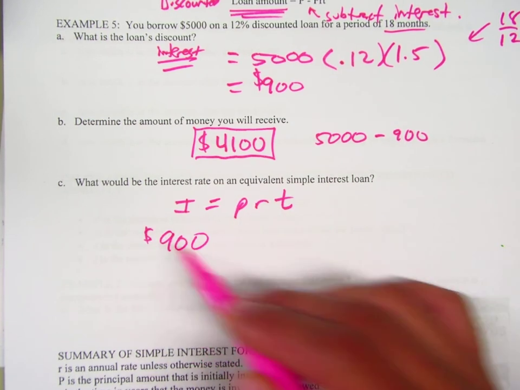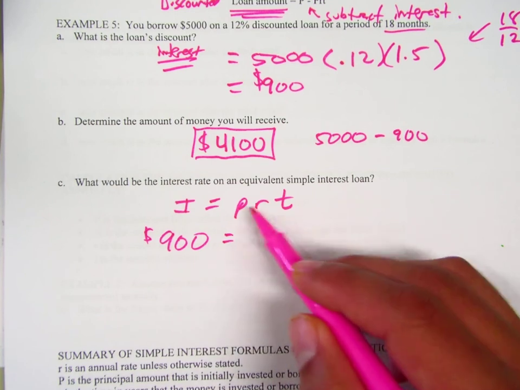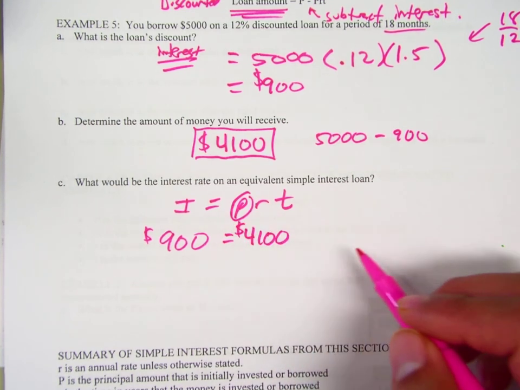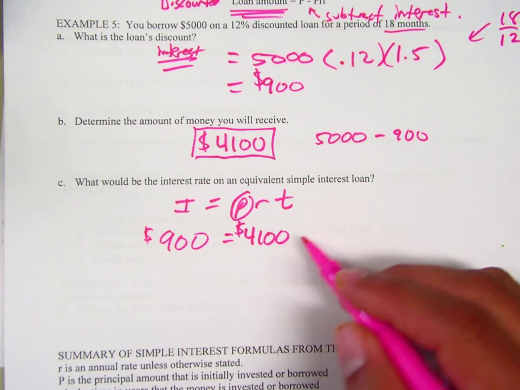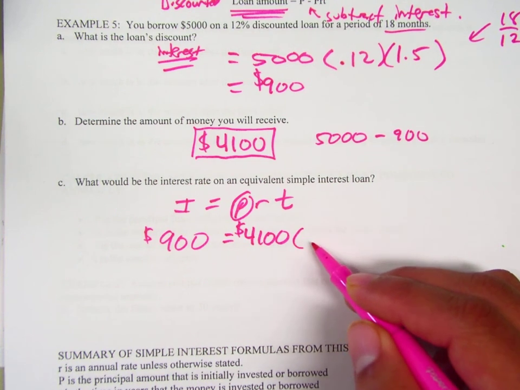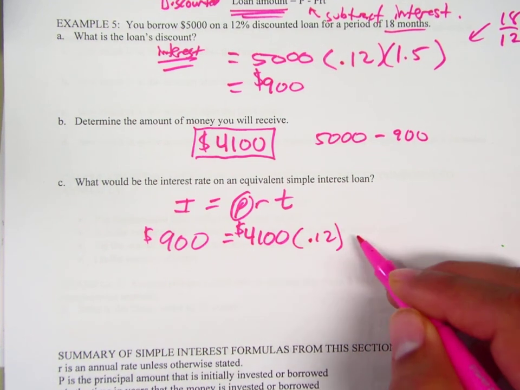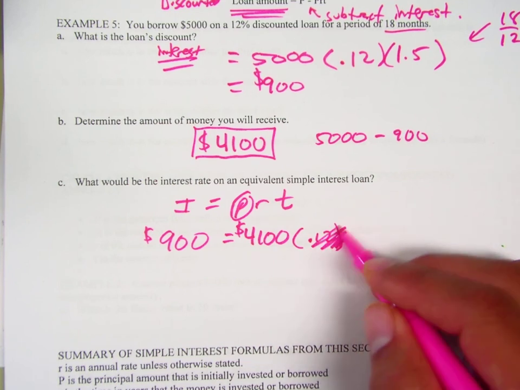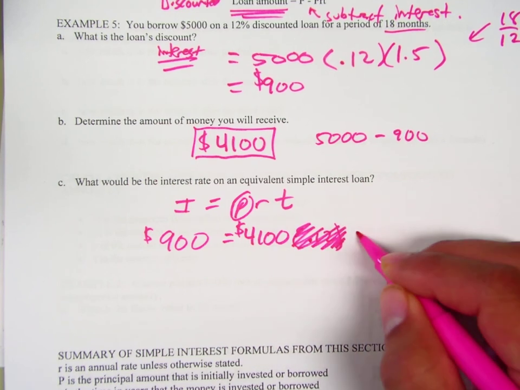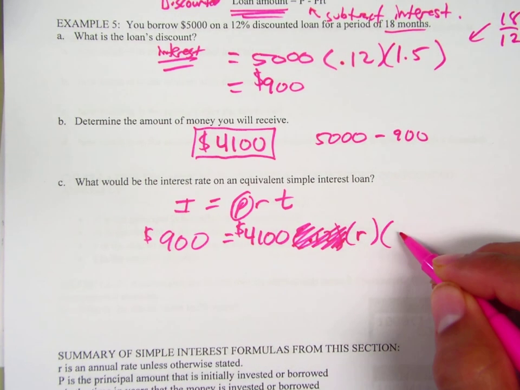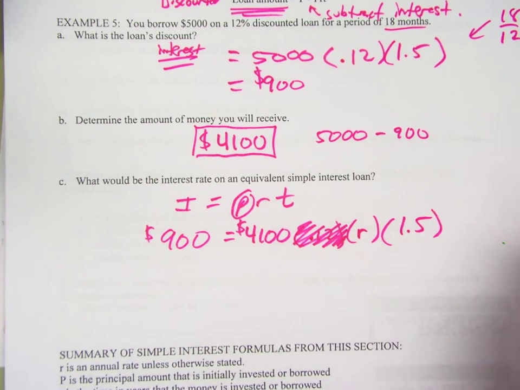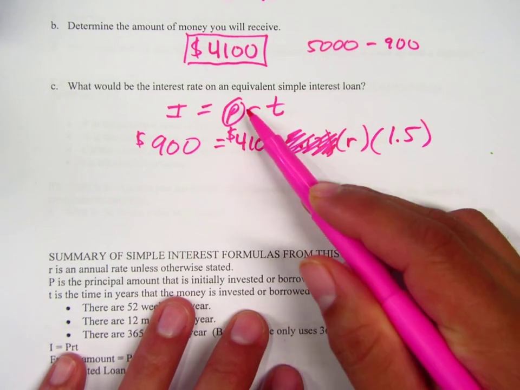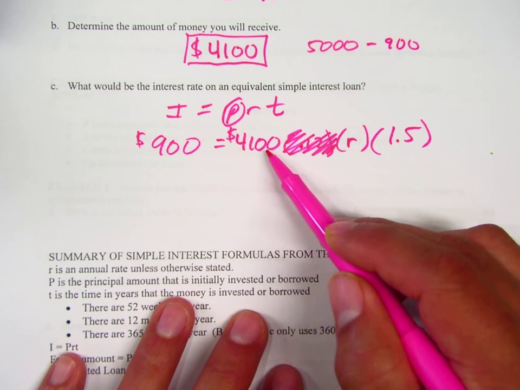And now my principal is going to be $4,100 instead of $5,000. The rate is still 0.12. Oh, wait a minute. It's not 0.12. That's what we're trying to find. We don't know what the new rate would be, but it's still 1.5 years. Okay? So this is going the other direction. If I request $4,100 and end up paying $5,000, what would the rate be?